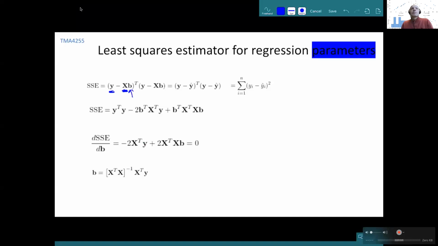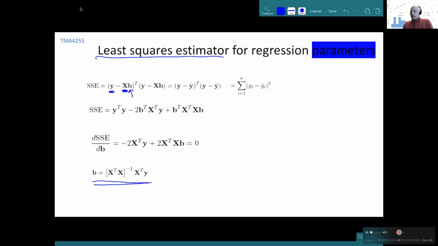And how do we minimize? One common way in mathematics is to take the derivative and set it equal to 0. We take the derivative of this quadratic form with respect to b. The quadratic terms become linear, and we also get one term without b that just cancels. When we set this equal to 0, we get this solution. This is the least squares estimator.